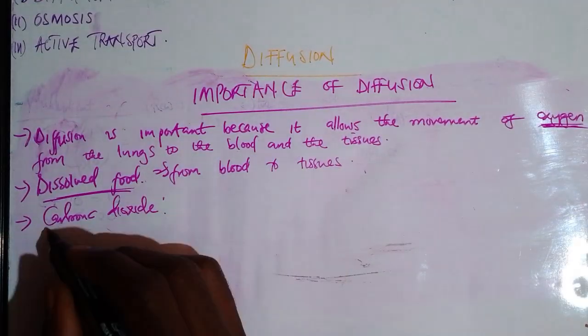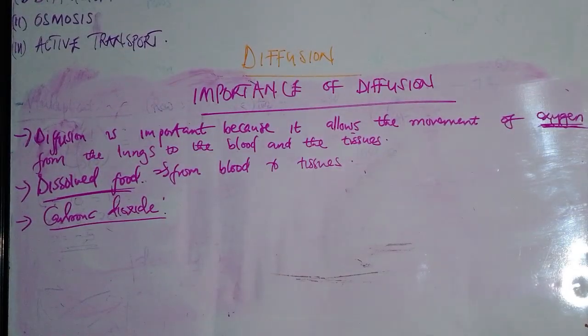Whenever the tissues are done utilizing their food, they release a waste product known as what? Carbon dioxide. For this carbon dioxide to be transported out of the cell, back into the blood and back to the lungs, it needs what?